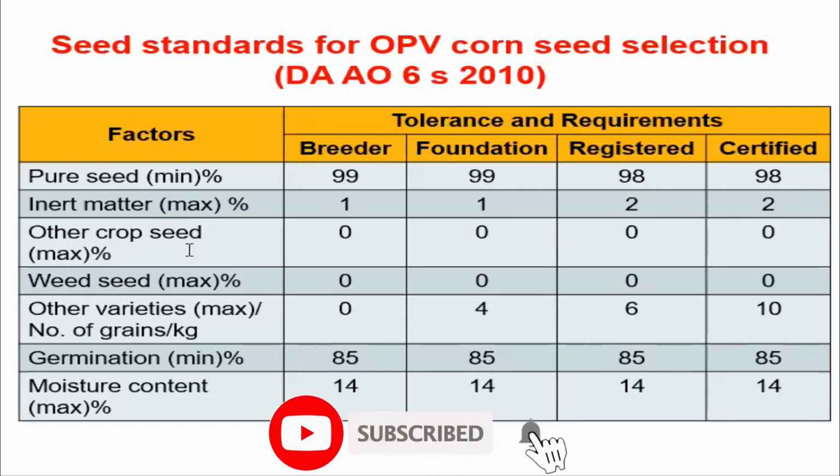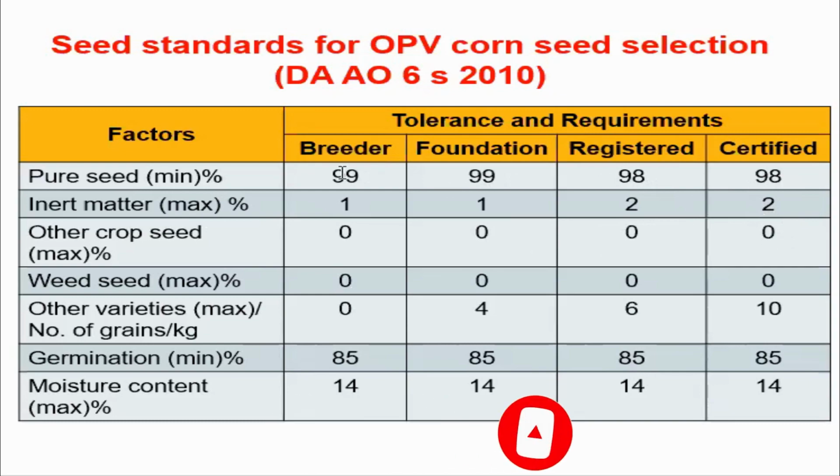For other crop seeds, the maximum percentage should be all 0, breeder up to certified. The weeds is all 0, and for other variety, the maximum number of grains per kilogram for breeder is 0, in foundation is 4, registered is 6, and certified is 10.